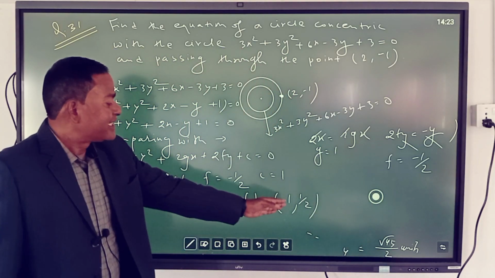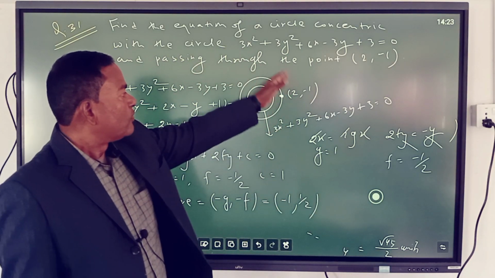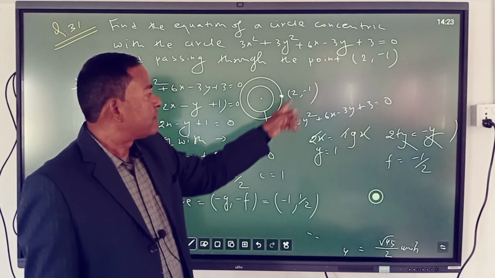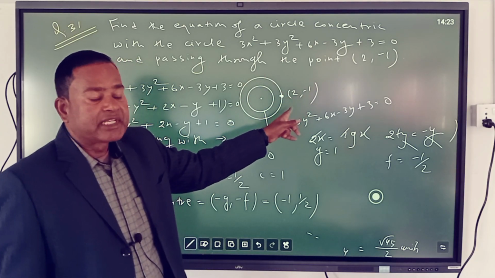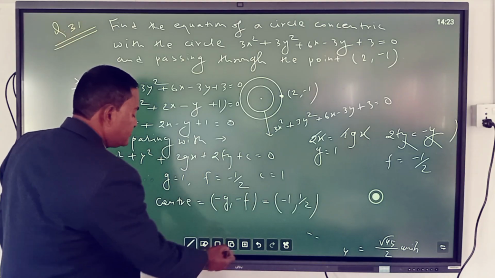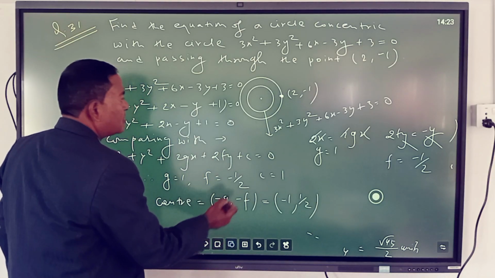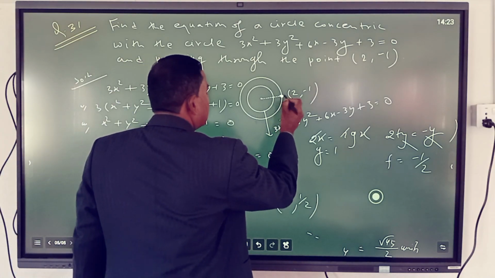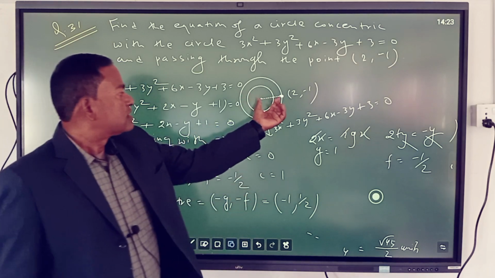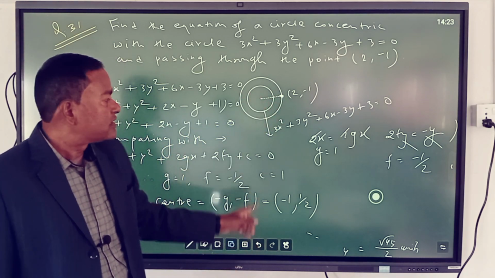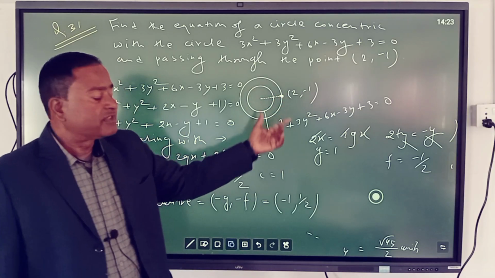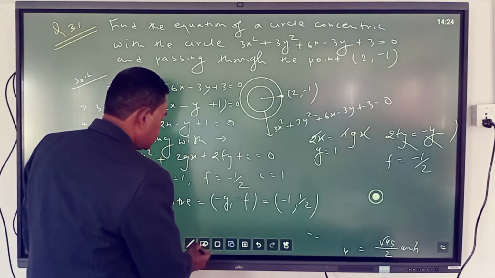Now, by taking this center, we are going to find out the equation of another circle passing through the point 2 comma minus 1. So dear students, now we are going to find out the radius of the circle, because center already we have got. So let's find out the radius of the circle.